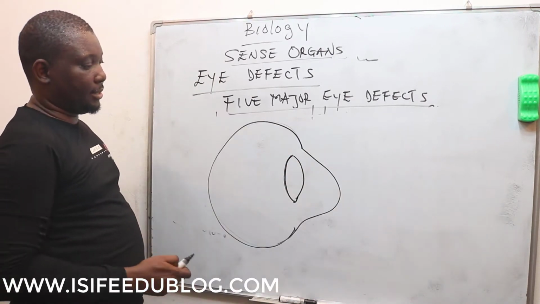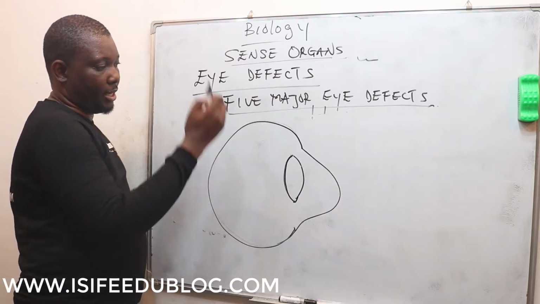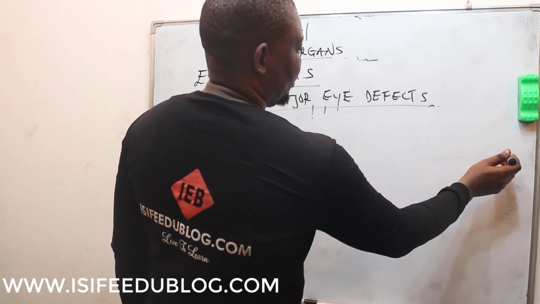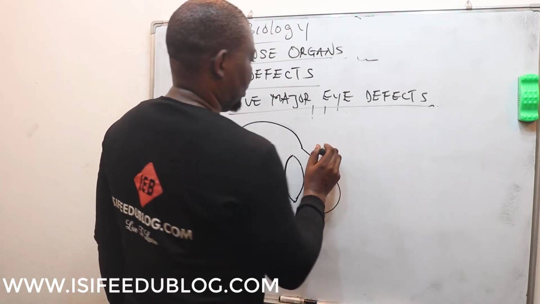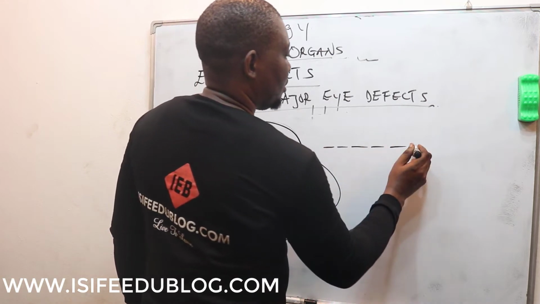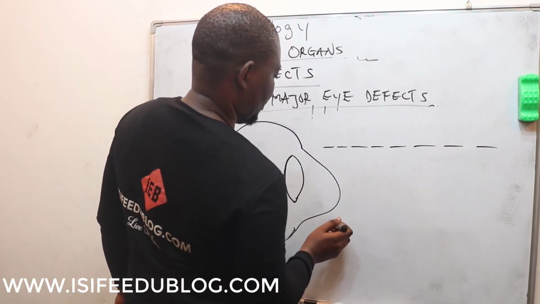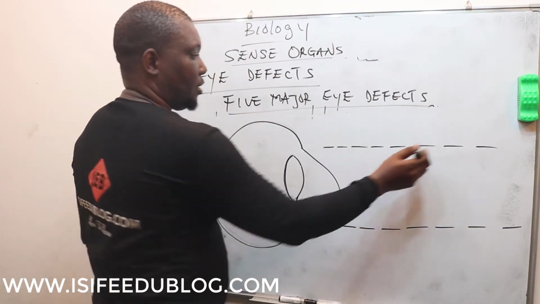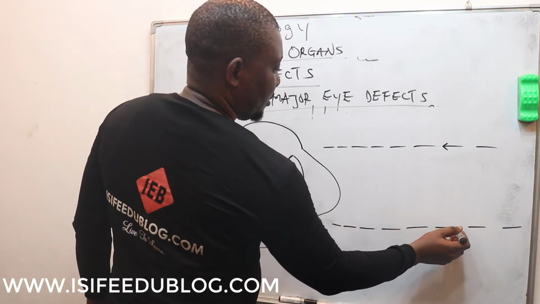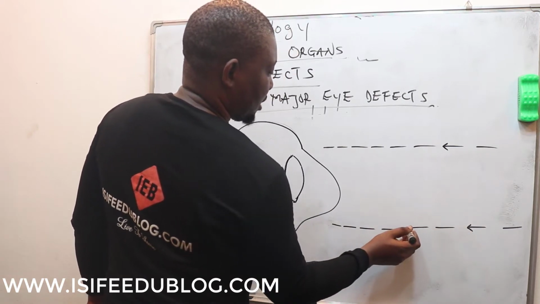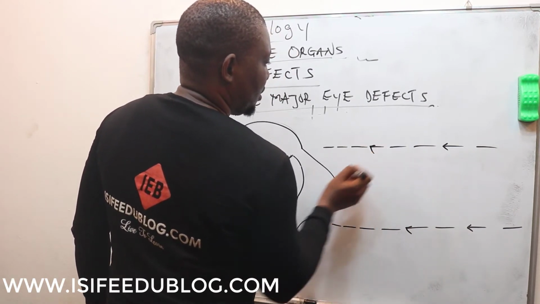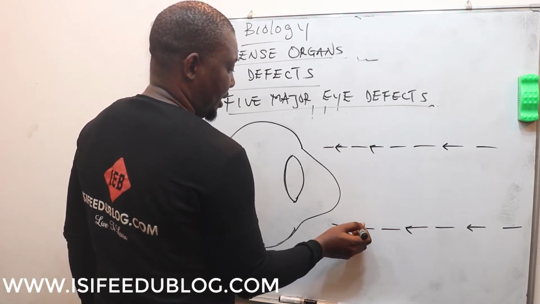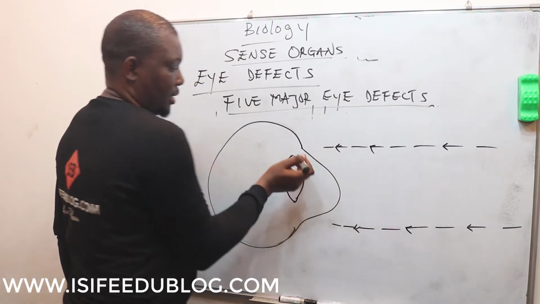Now in this case, the eyeball is too big. So when light is coming from this direction, the light goes in this direction, and from this direction as well. It travels in a straight line, and on reaching the eye, first it reaches this part of the eye, the cornea.